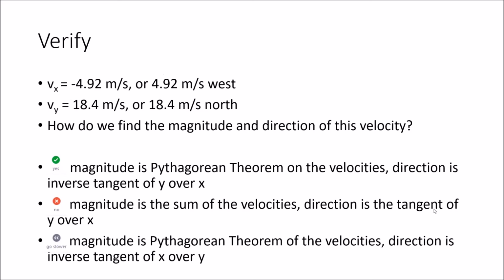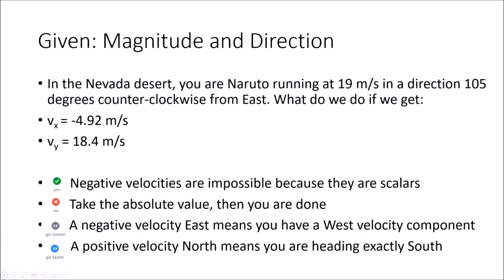If you do that, and I encourage you to actually do this on your own, use the Pythagorean theorem to find the resultant magnitude of the velocity, and use the inverse tangent to find the direction. You'll find that the magnitude really is 19 meters per second.